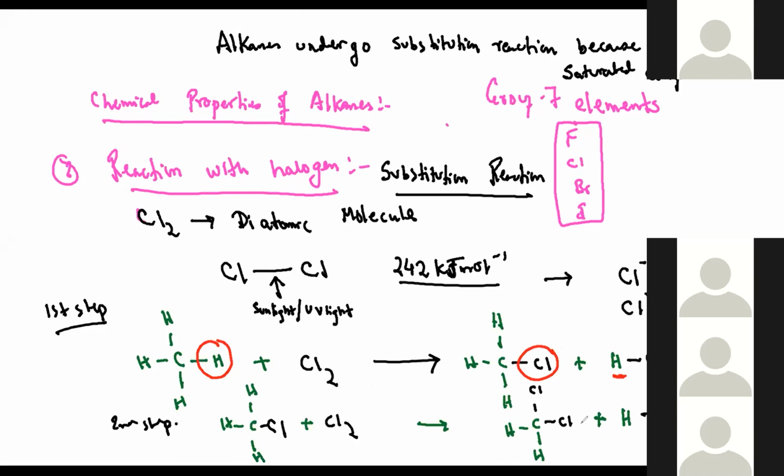তাহলে third step কি হবে? Third step arekta hydrogen will be replaced. Fourth step, all the hydrogens will be replaced by chlorine. Clear?